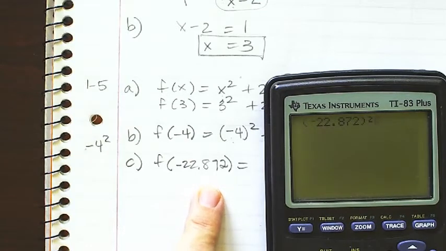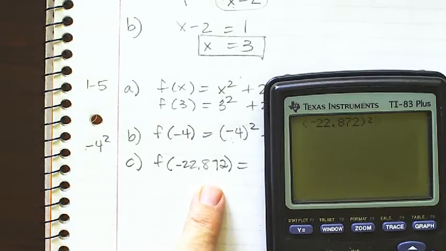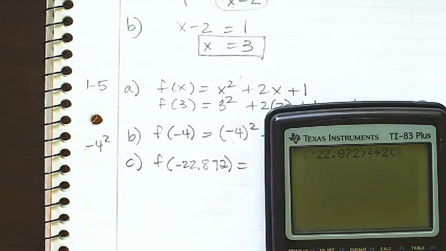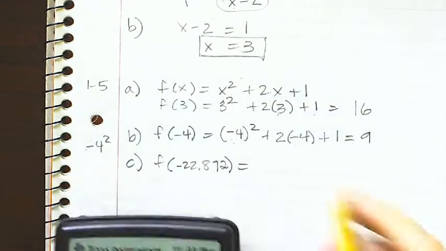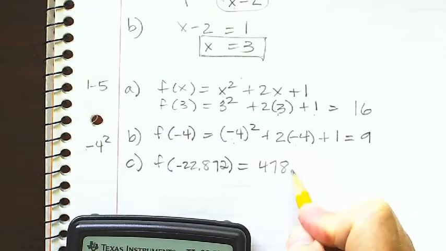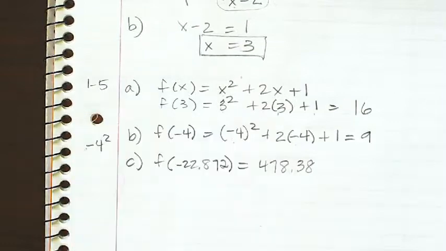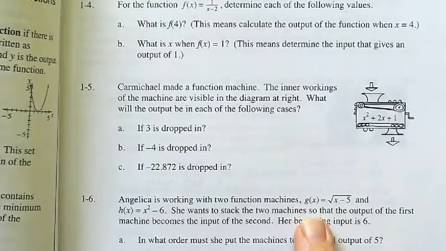Notice how I'm putting negative 22.872 in parentheses. Okay, so that gives me 478.38.